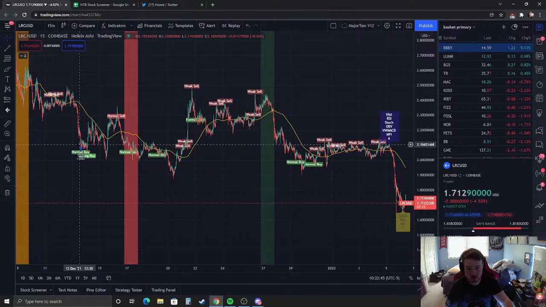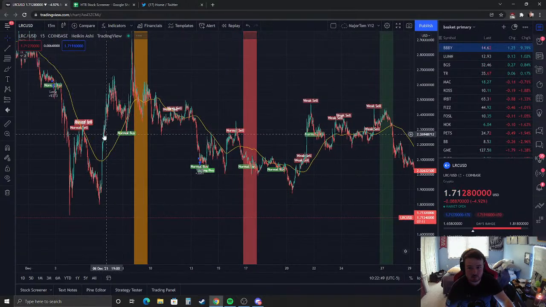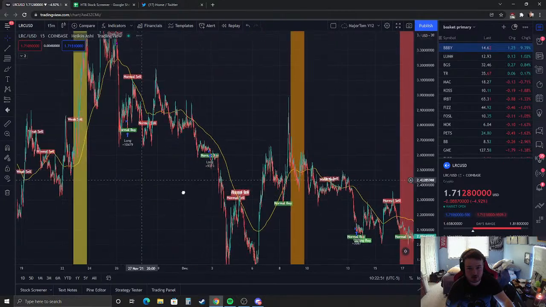And you can actually see the strategy executing buys and sells and everything. So it's quite literally just trading on its own.